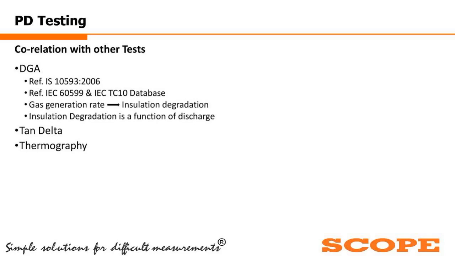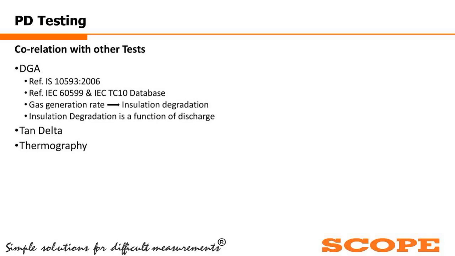Similarly, if the insulation condition is going down, before opening the transformer or the GIS you can go for a tan delta test, because if the insulation is going down, then the resistive leakage current will increase. That means the resistive part of the insulation is getting degraded, so the tan delta value is supposed to change. Tan delta will give you a third indication towards partial discharge or insulation degradation.